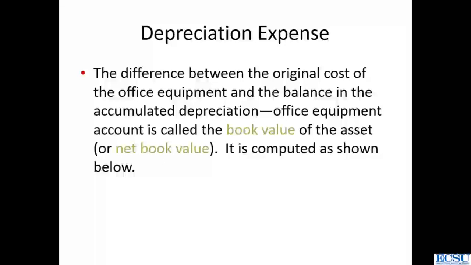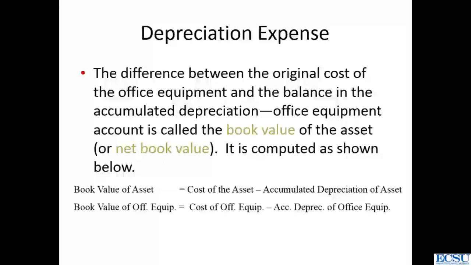Now, there is another concept that you need to know about, the book value. The difference between the original cost of the equipment and the balance in the accumulated depreciation account is called the book value or the net book value of an asset. For example, book value of an asset is equal to cost of the asset minus accumulated depreciation. Book value of office equipment will be cost of office equipment minus accumulated depreciation.